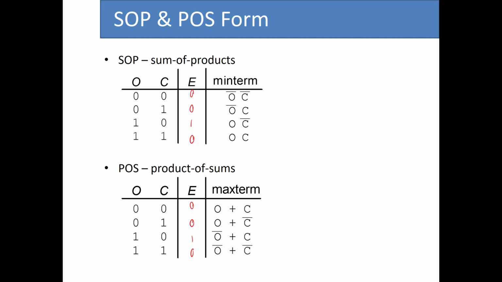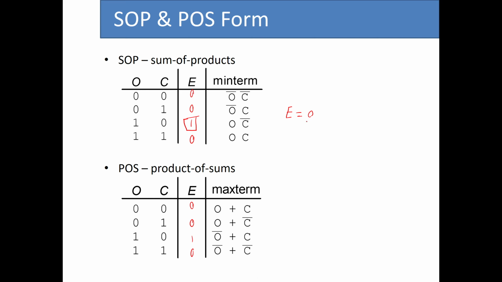To get the function in sum of product form, you had to find all the rows for which the output was 1, and then you had to write the function by ORing all those min terms for which the output is 1. So here there is only one row for which the output is 1. So that means that the function is going to be containing only one min term.